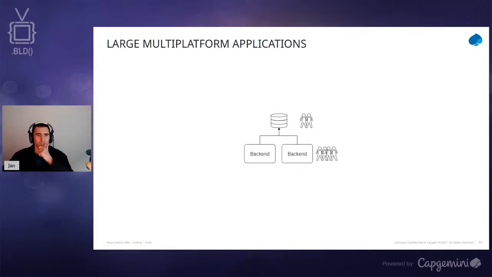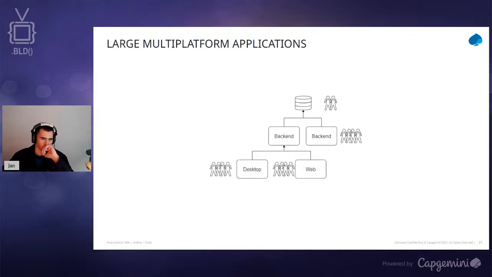Okay, so let's have a look at large applications. This might be a Fortune 500 company, a Fortune 100 company, or a startup. Most companies have a database and at least a backend. The backends are typically Java, C#, or any other kind of backend language. Some companies still create desktop applications.